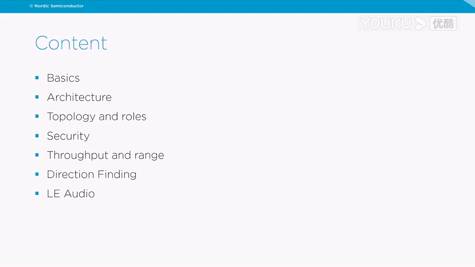I'll talk about the different topologies that are possible and the different roles that we have to build topologies. I have a couple of slides on security, giving an introduction to that. I'll also talk about the different throughputs that you can get with the different modes and also how we can increase the range. Then I will talk about the latest features, direction finding, and then in the end, LE audio.